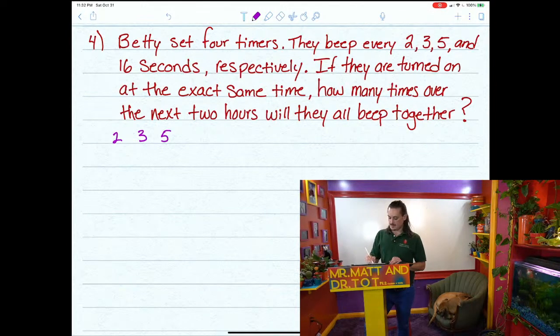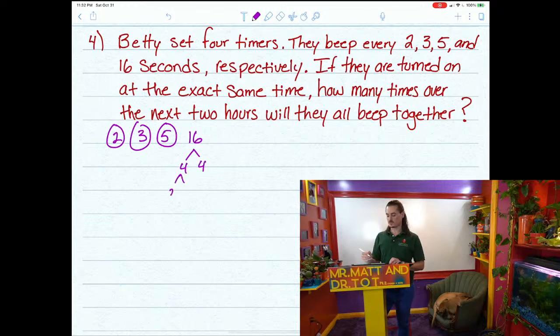So the LCM here, taking each factor the most number of times it occurs in any one factorization. 2 occurs a most number of times of 4 times, so I need 4 2's. 3 occurs a most number of times of once, so I take 1 3. And 5 occurs a most number of times of 1 time, so I take 1 5.